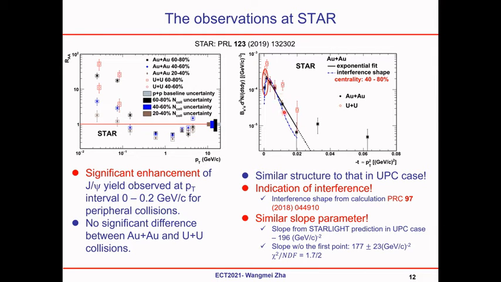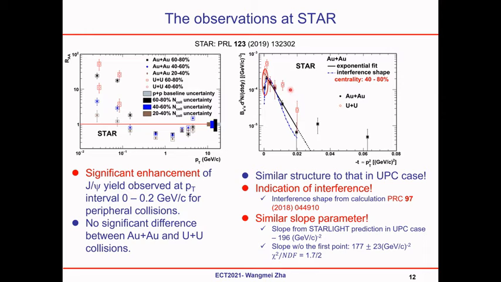Furthermore, we have also made a measurement of the t distributions, because the t distribution is more related to the production site, so you can relate it to the transverse spatial distribution of gluons. If you assume that the gluon spatial distribution is the same as the nuclear distribution, you can directly extract the slope parameter and compare it to that assuming Woods-Saxon distributions.